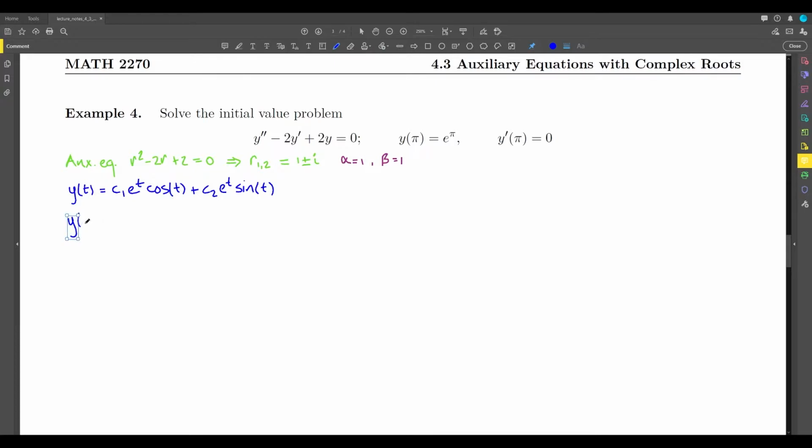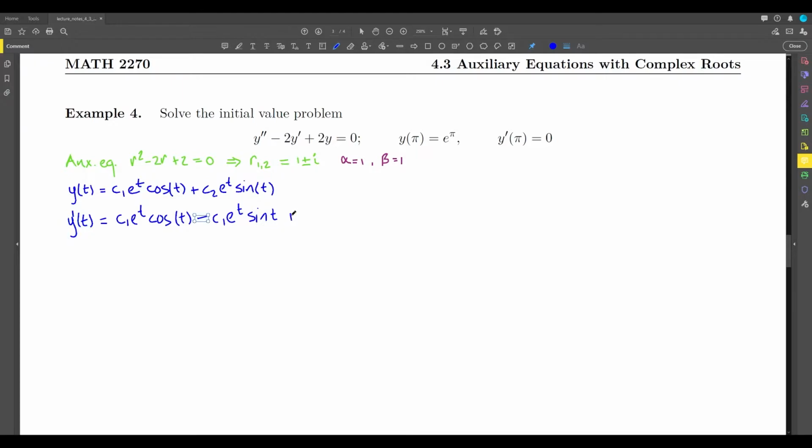Now, the derivative of this is very similar to finding the derivative in the previous video. And so we're going to use a product rule twice, and we get that c1 e to the power t cosine t is the first term, then plus c1 e to the power t sine of t, and the derivative of cosine is negative sine, so that positive is actually a minus.